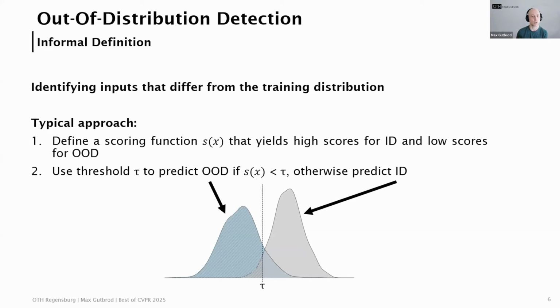And then we decide on a threshold value and separate ID from OOD using this threshold, which is what we can see below. On the left, the OOD distribution, and on the right, some ID distribution with the threshold in the middle. And this threshold value is usually chosen so that 95% of the in-distribution data is correctly classified as in-distribution.